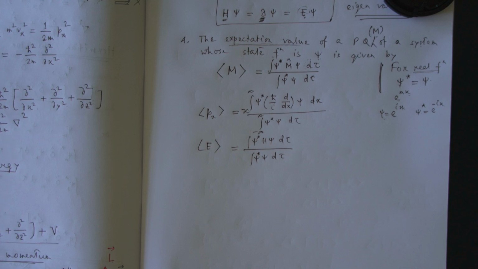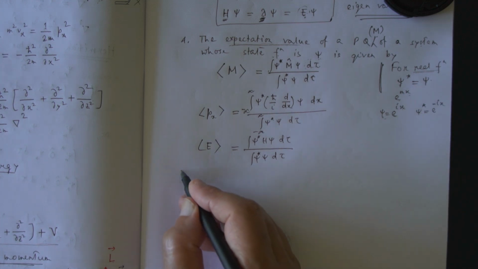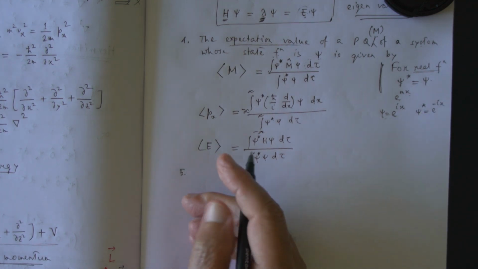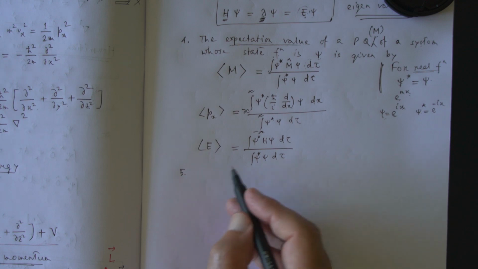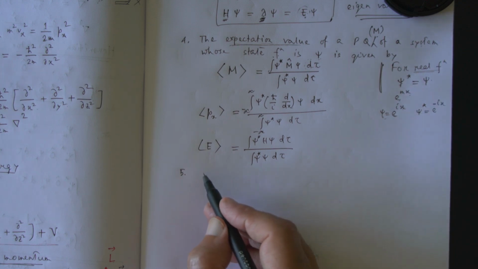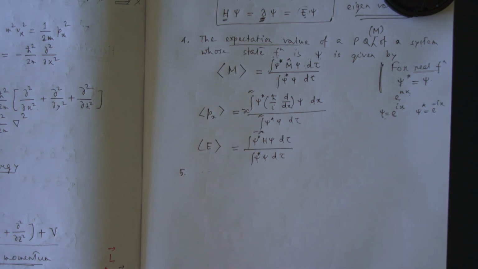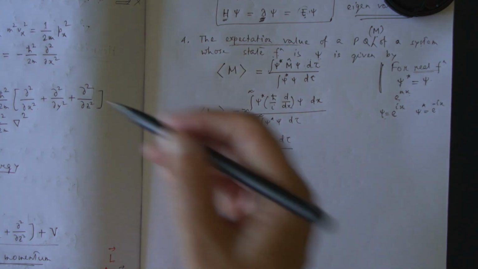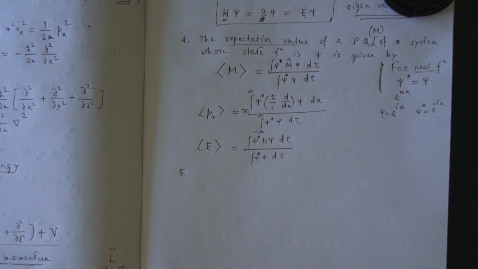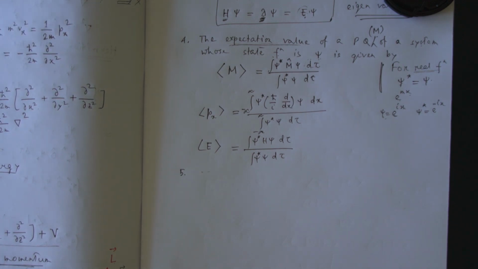Now there is a fifth postulate, which is nothing but Schrödinger's time dependent equation. So basically these are the postulates of quantum mechanics. We have discussed the postulates of quantum mechanics.